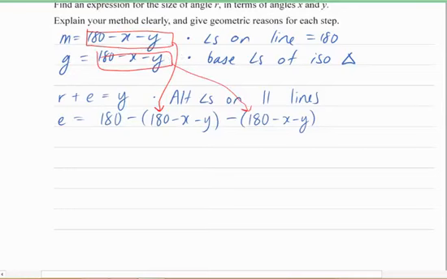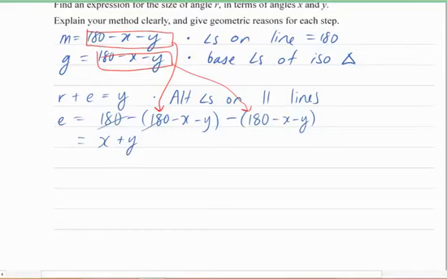So now we need to do a little bit of simplifying. So 180 minus 180, they're going to add to 0, so they're gone. Then we've got minus negative x. What's minus negative x? x. And we've got minus negative y, which is plus y.